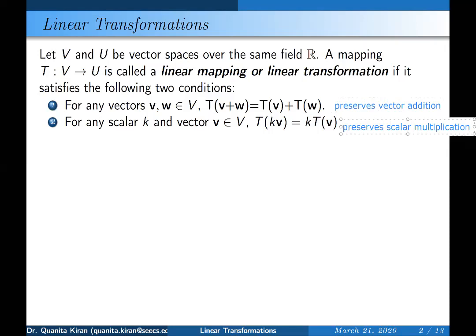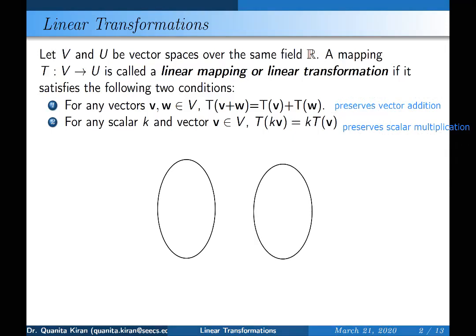For this, I am explaining the fact like this: suppose we have two spaces, the space V and the space U. We have two vectors, let's say V and W in the space V, and T is a transformation from V into U. The image of V under T is TV, and the image of W under T is TW.